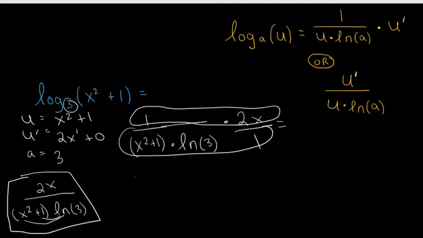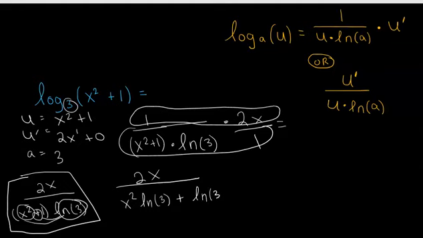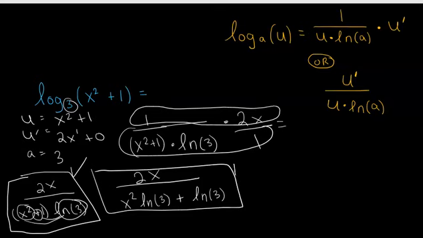We keep the numerator the same. x to the second times ln 3 is going to be x squared ln 3, plus, I got the plus from right here, because we're just putting these together, and then I'm putting the second part together. 1 times ln 3 is going to be ln 3. So both of these are the answer.